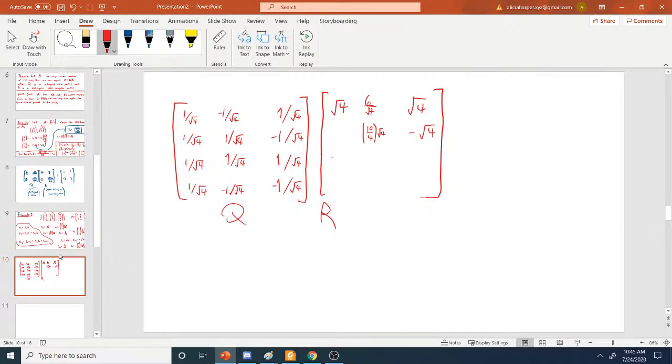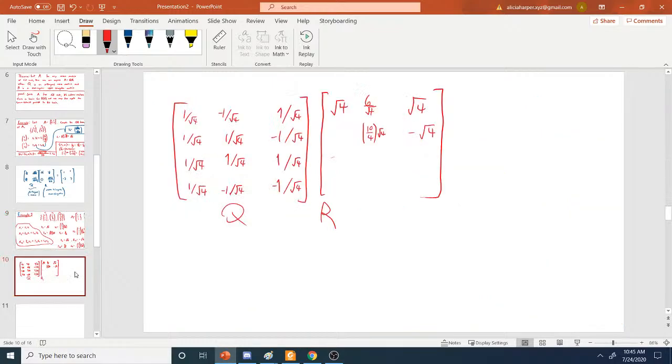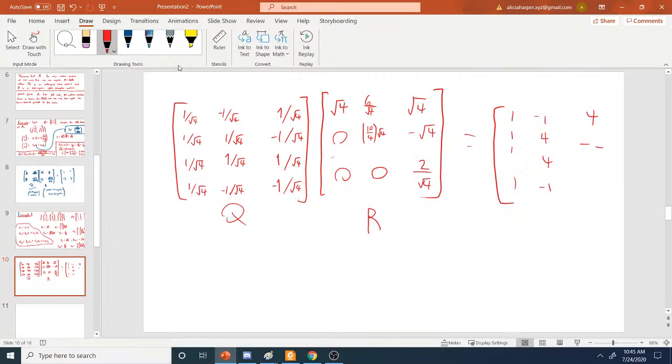And R33 is 2 over the square root of 4. And because R is upper triangular, everything else here is 0. And so this gives us our matrix R, and we know that this is equal to the matrix 1, 1, 1, negative 1, 4, 4, negative 1, and 4, negative 2, 2, 0.